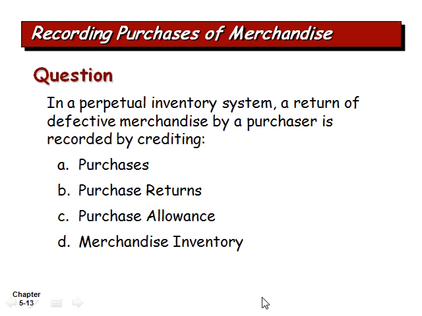A question: in a perpetual inventory system, a return of defective merchandise by a purchaser is recorded by crediting merchandise inventory. We're going to debit accounts payable or debit cash and credit merchandise inventory.